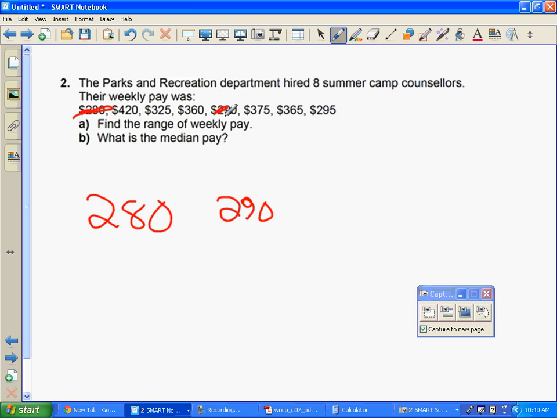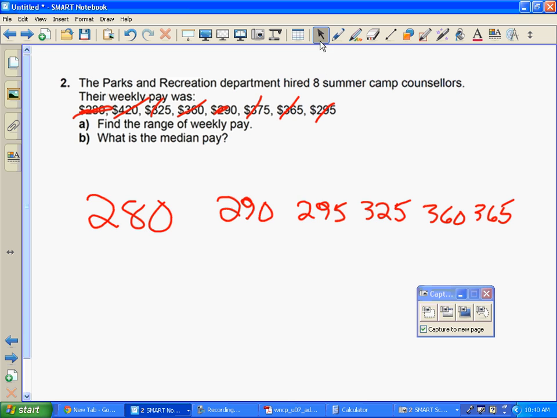And then, of course, after 290, we have 295. After 295, we end up with 325. After 325, we end up with 360, then 365, and then we got 375 and 420.